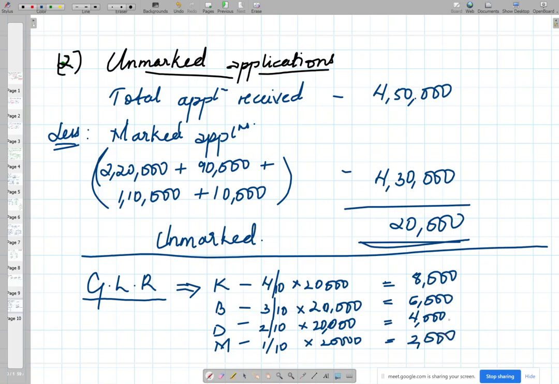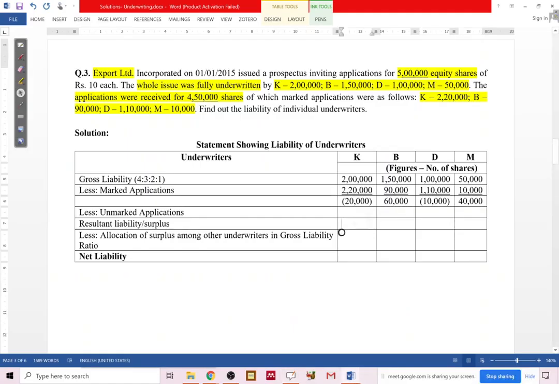Finally, 2,000. These are the unmarked applications that need to be distributed among the underwriters as per gross liability ratio. 8,000, 6,000, 4,000 and 2,000.